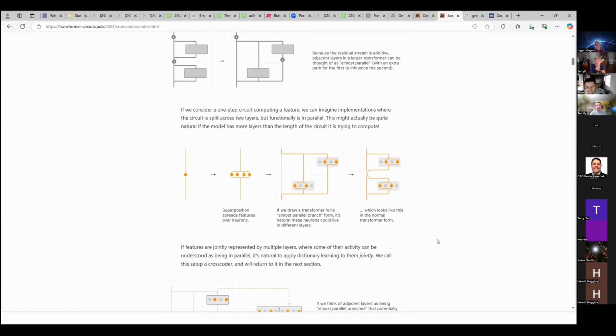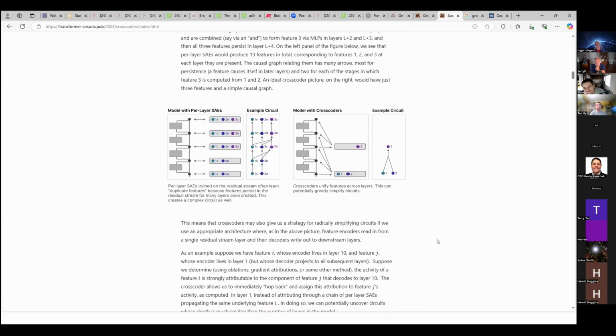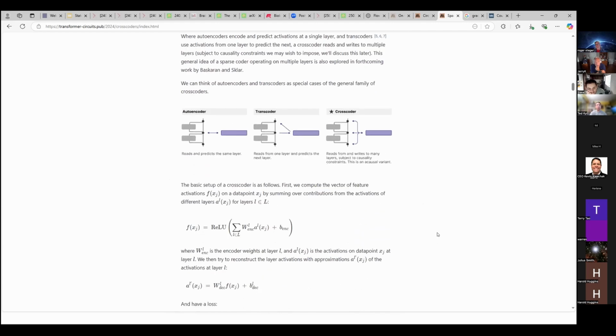So for that reason, they said, what we really need to do is to build a cross-layer transcoder, which in this diagram, they basically say, we read in parallel all the inputs to all the MLPs, and we predict the outputs from all the MLPs in parallel all at once. Now, there are some rules.